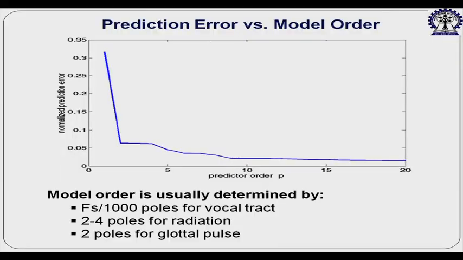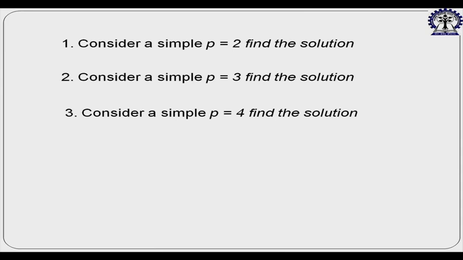Okay. Now, how do you define the order p? I say prediction order. Which factor is p dependent on? I may have to take a signal sampled at 8 kilohertz, or 16 kilohertz, or 32 kilohertz. So, I can sample the speech signal at different sampling rates.